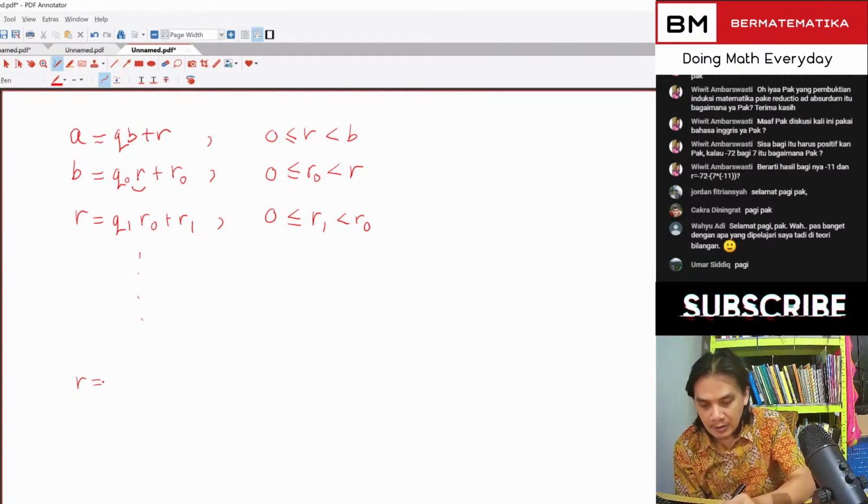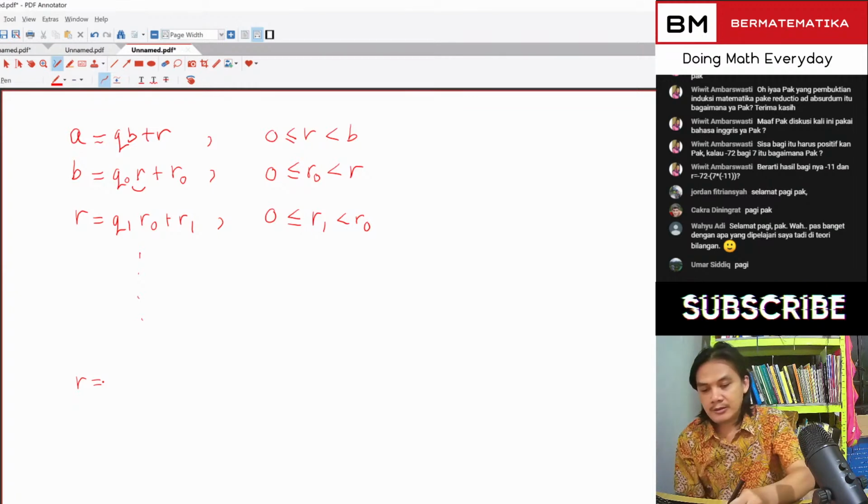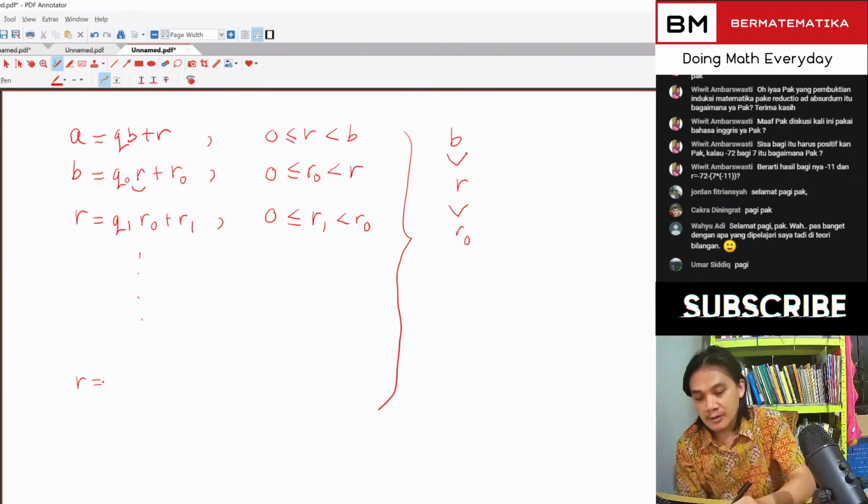Apply this several times until... here, what do we observe? First we have B, and B is bigger than R, R bigger than R0, R0 bigger than R1.